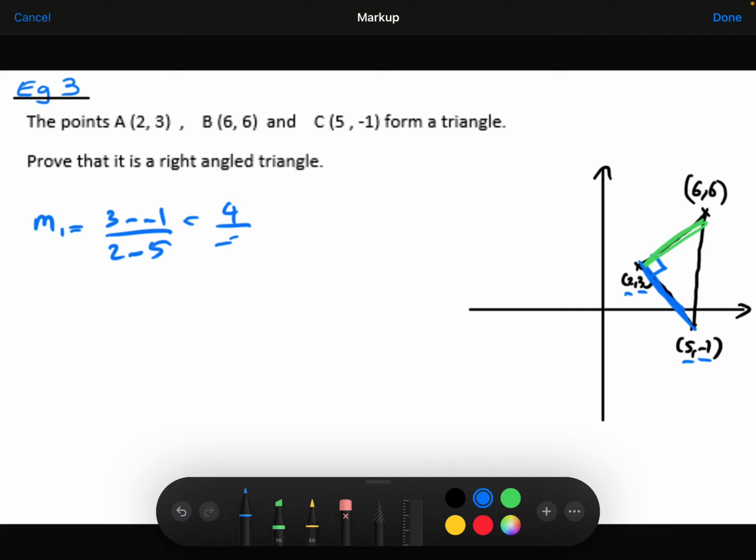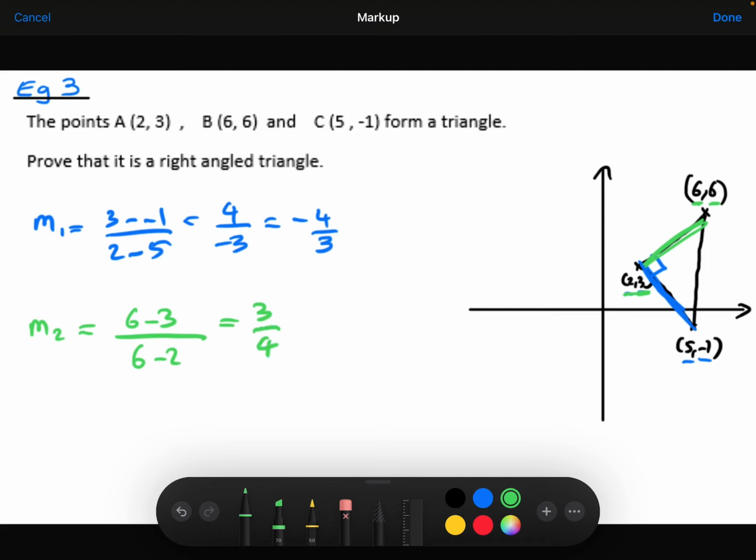So I get 4/-3 or -4 thirds. Right, gradient of the green line. Change in the y, so 6 minus 3, divide by the change in the x, 6 minus 2, is 3/4.